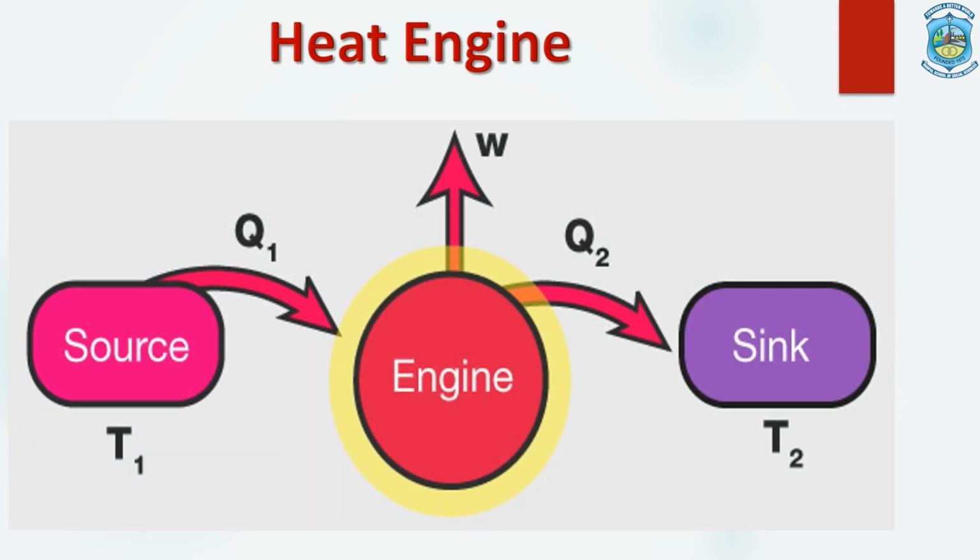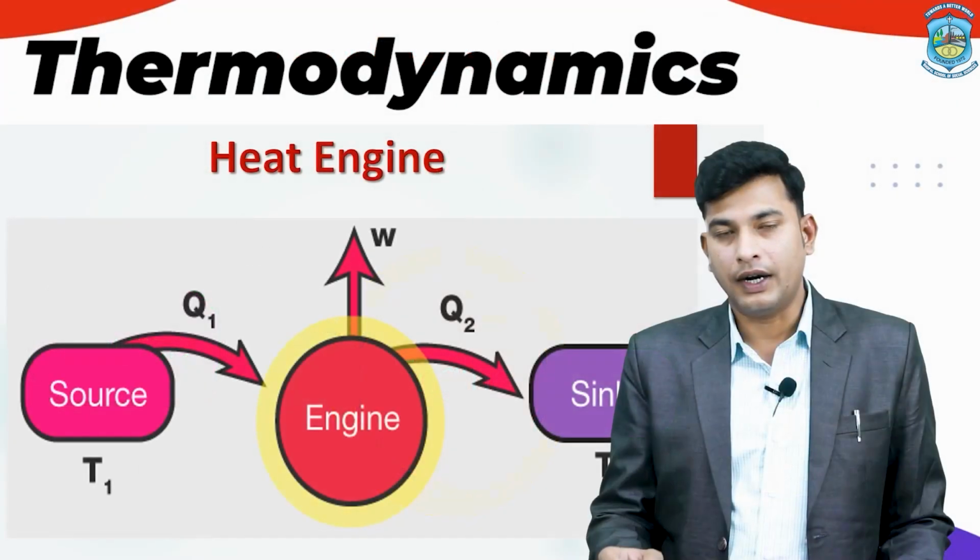This is the image of a heat engine, and you can clearly see the heat coming from the source towards the working substance or engine. This engine absorbs the heat coming from the source and converts it into the required mechanical work. Then in this process the engine produces some rejected heat to the sink.